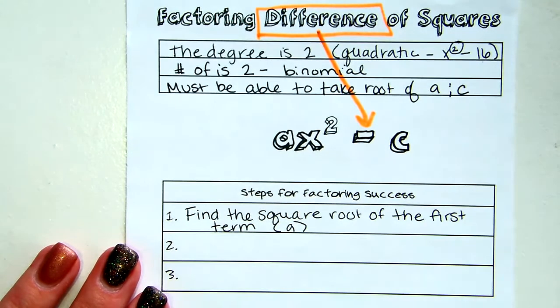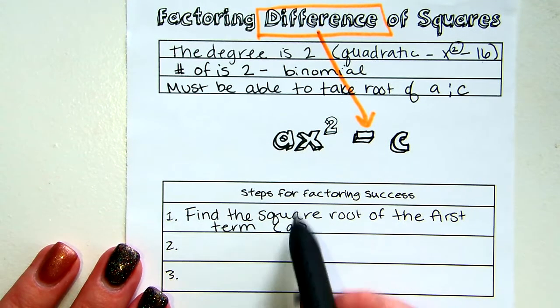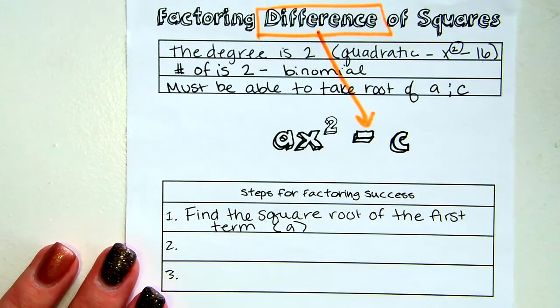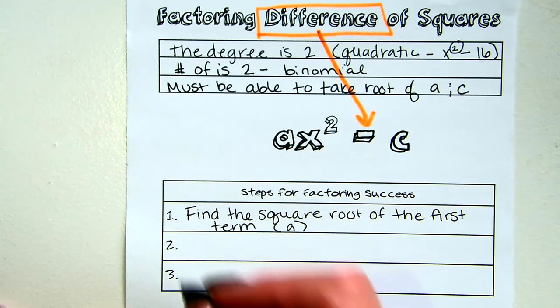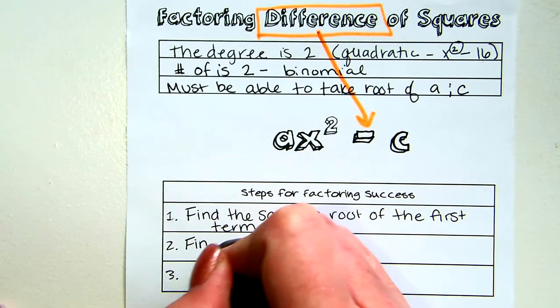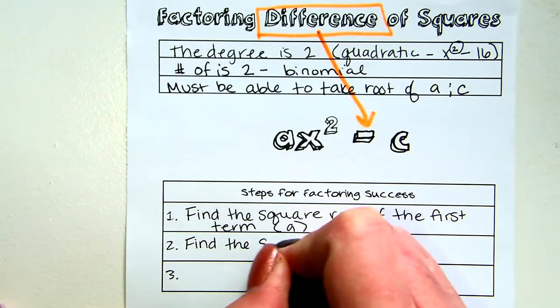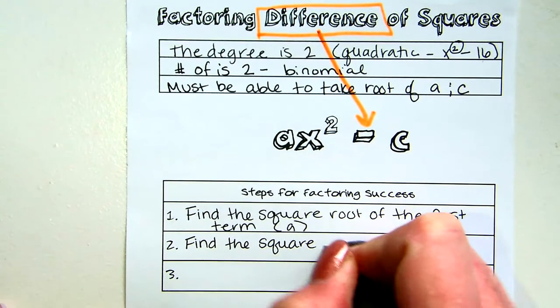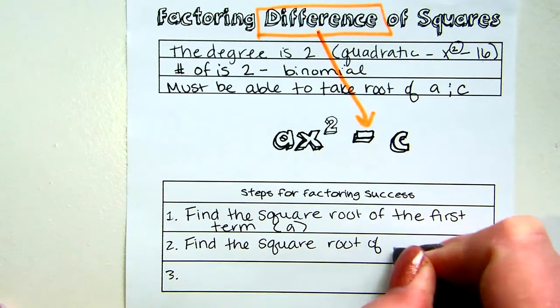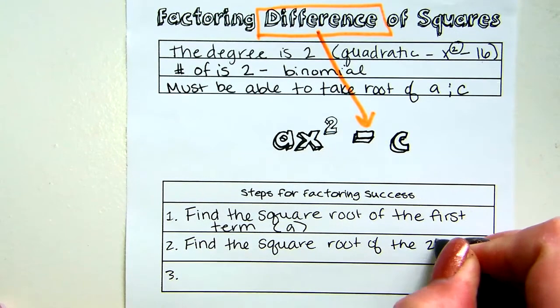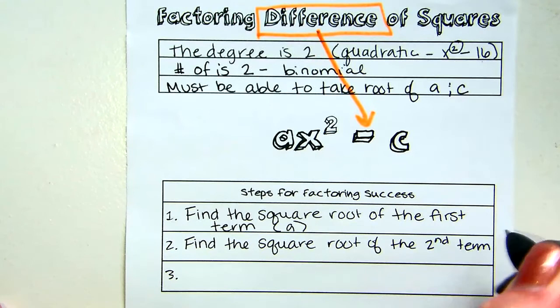Okay, I'm going to find the square root of the first term, meaning in this case, the A. The A is my first term. Then I'm going to find, for step 2, the square root of the second term, my C.